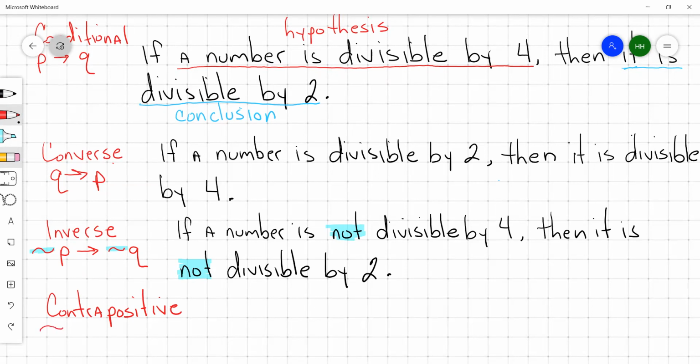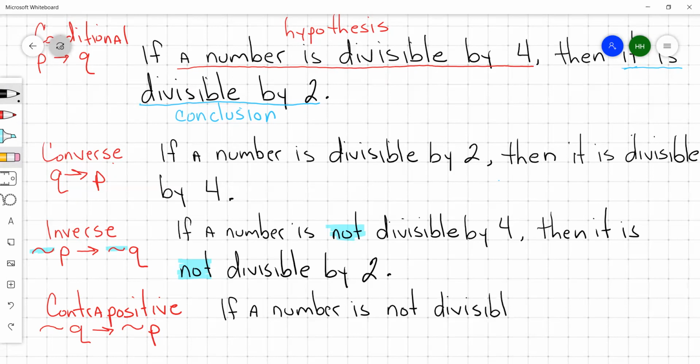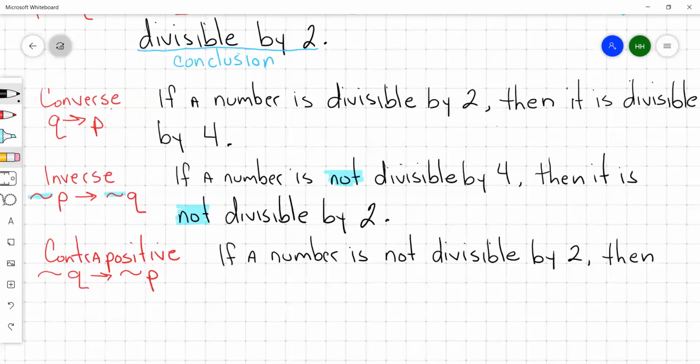So this would read, if not Q, then not P. So you go back to your converse and you would say that if a number is not divisible by 2, then it is not divisible by 4.